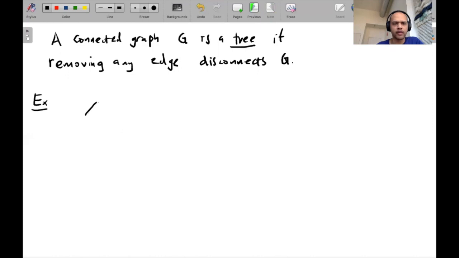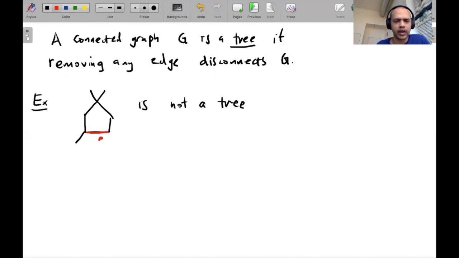This graph is not a tree. Because, well, we just need to find an edge that if you remove it, the graph is still connected.